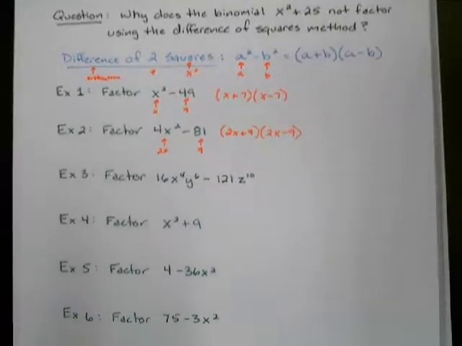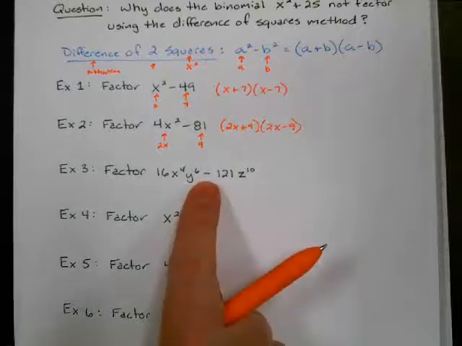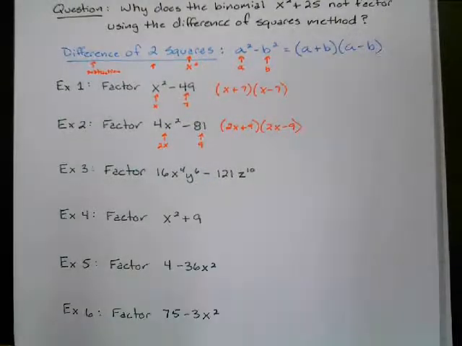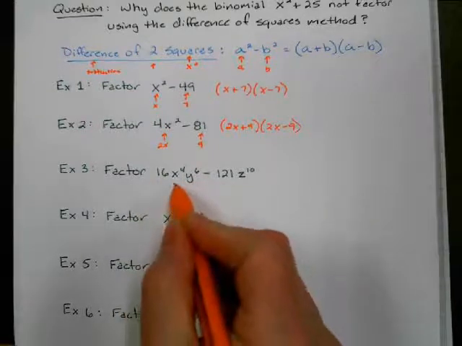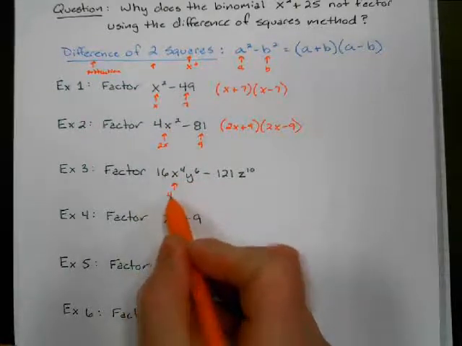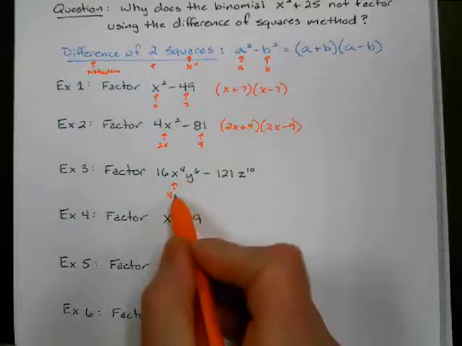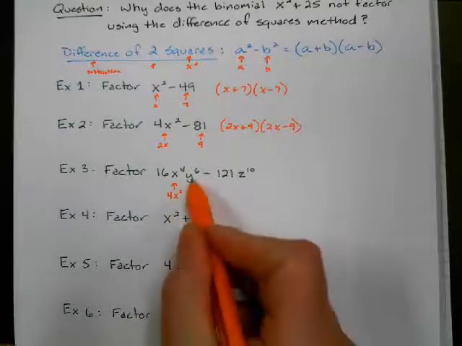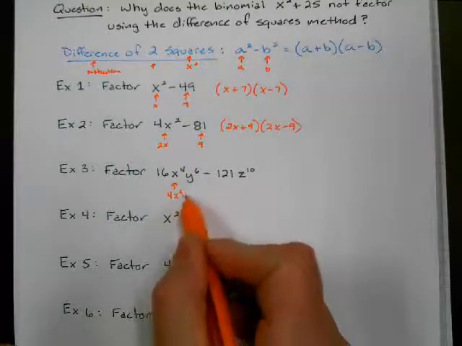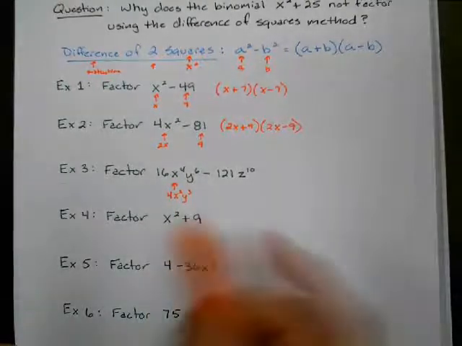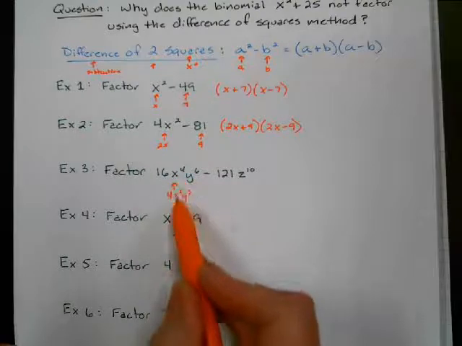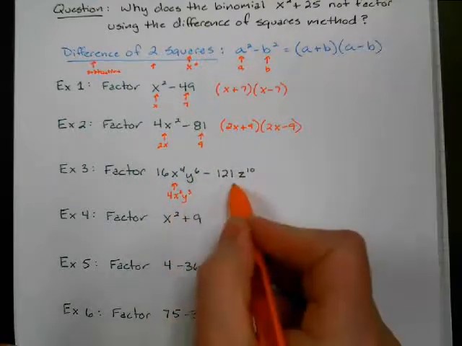All right, next one. Difference, yeah, we've got a negative sign. Okay, so is this a perfect square? Well, this is the perfect square of 4, because that's 4 times 4. This is x squared times x squared, and this is y to the third times y to the third. So yes, that is a perfect square. It's the perfect square of 4x squared y to the third.